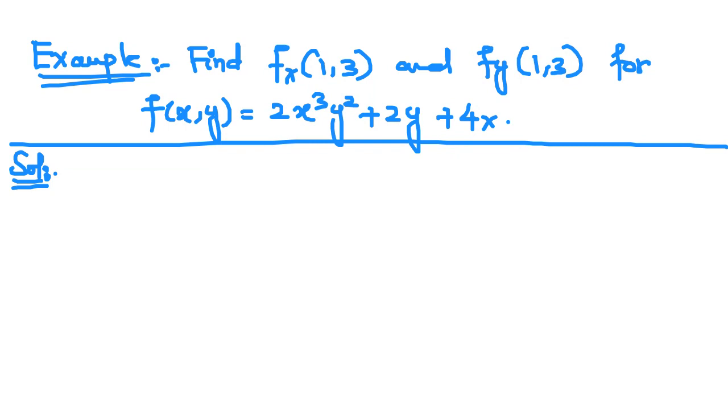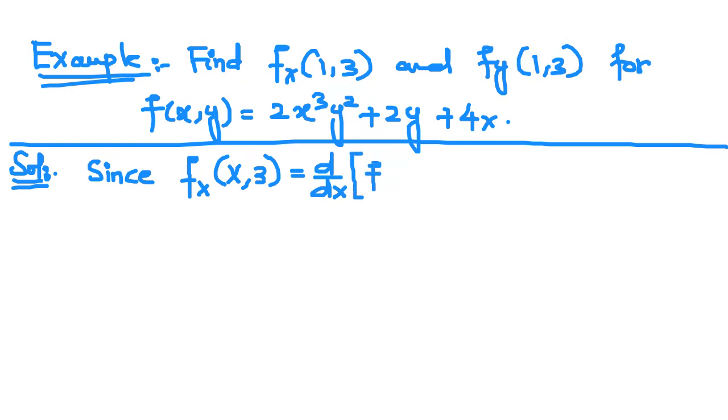Okay, so since there is a partial derivative, you have to find the partial derivative of x at point 3. Okay, so this is equal to what? D by dx of the function at point 3, and you have to put x equal to 1 here. Okay, so what is the definition?